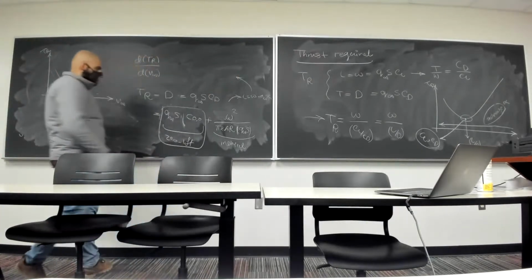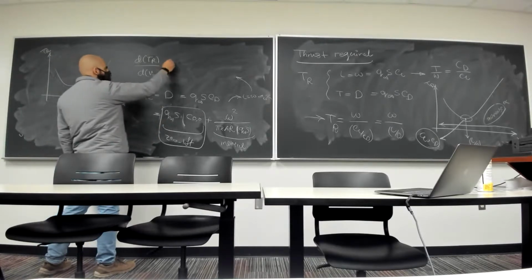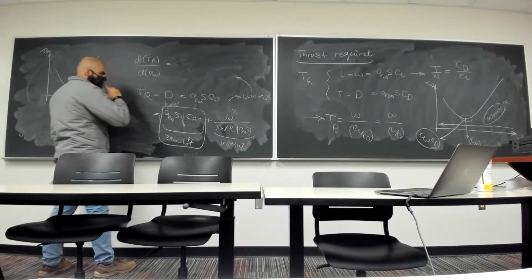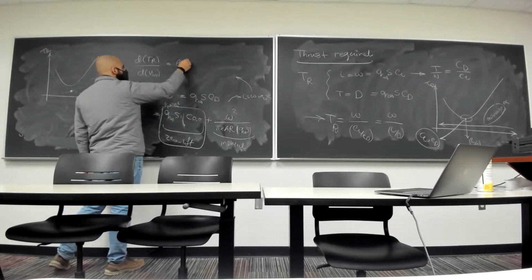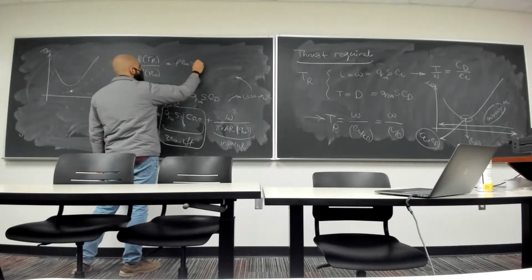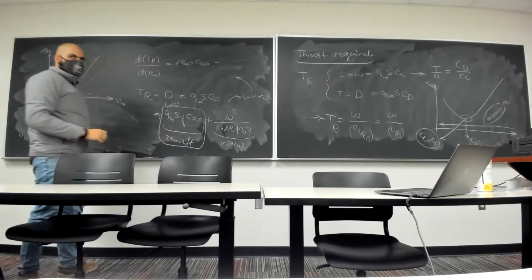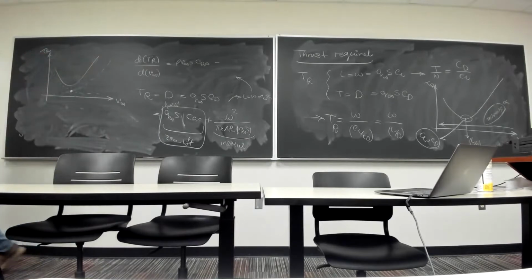Okay. If you take the derivative here, this is 1/2 rho V infinity squared, right? So this part is going to be rho V infinity S CD naught minus, right? What is the derivative of 1 over V squared?